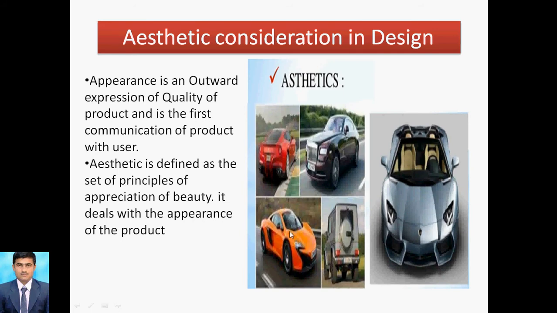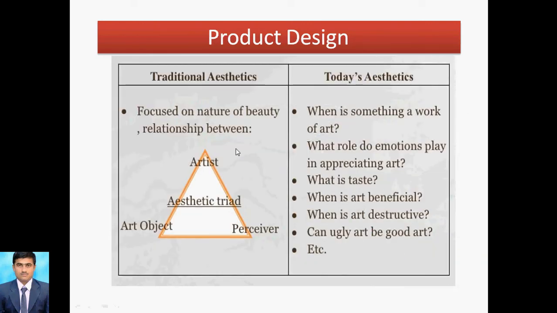So this is regarding aesthetics. The next point we'll discuss is traditional aesthetics and today's aesthetics. Traditionally we focused only on the nature of beauty, which related only to the object and its beauty. But nowadays aesthetics depends on emotions as well as work, beneficiality, whether it is destructive or not, and taste.